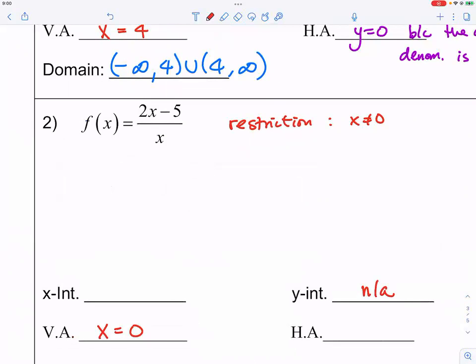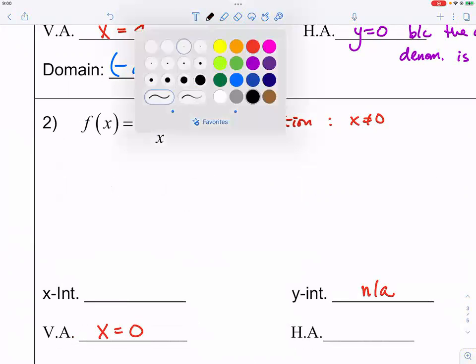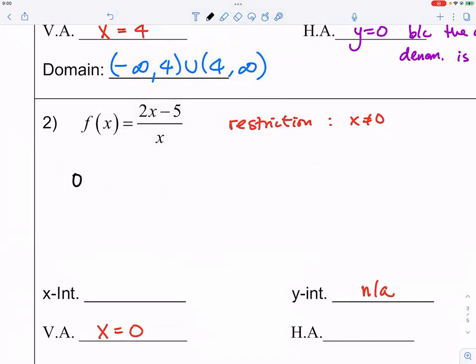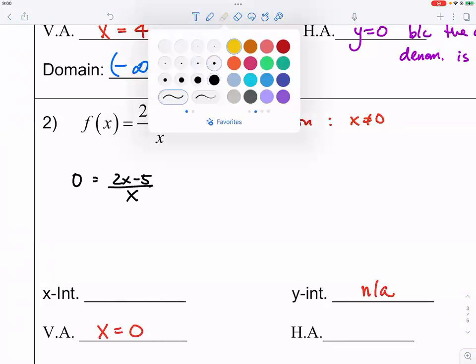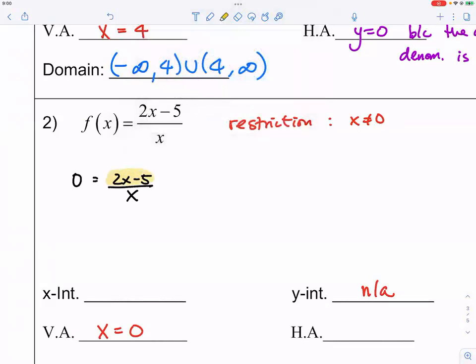Well, what about the x-intercept? The x-intercept is about getting y equal to 0. Like we said yesterday, if you have a fraction equal to 0, that means the numerator must be 0.